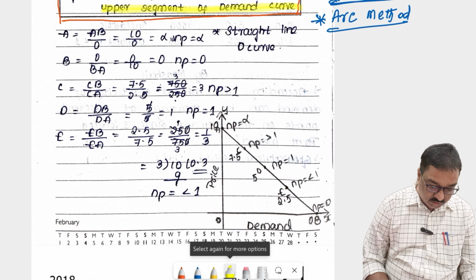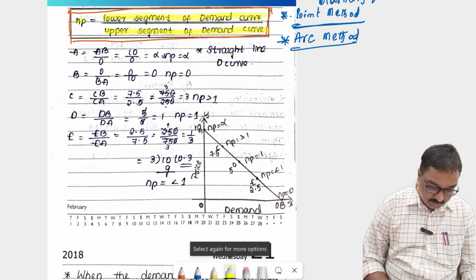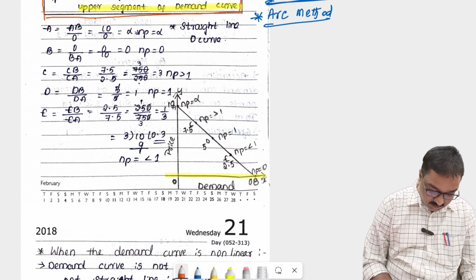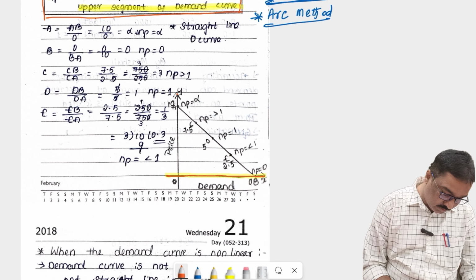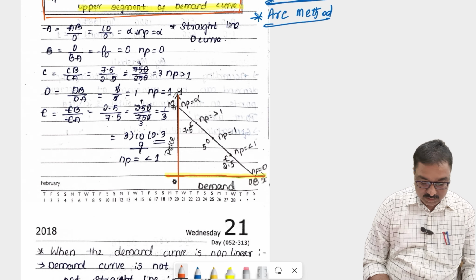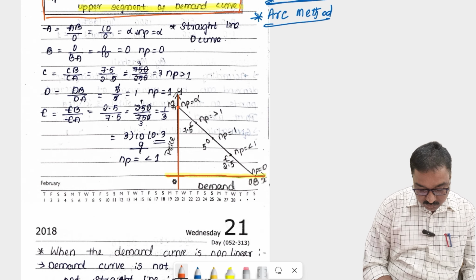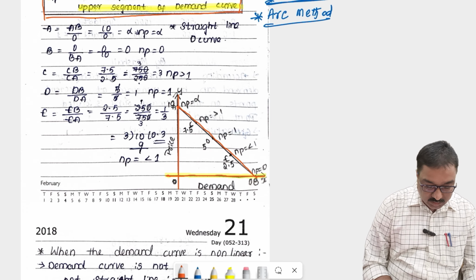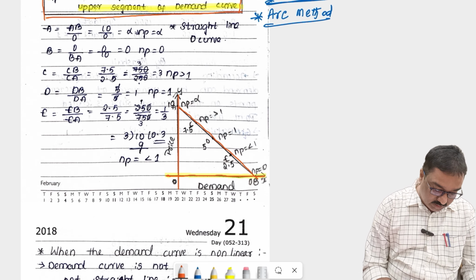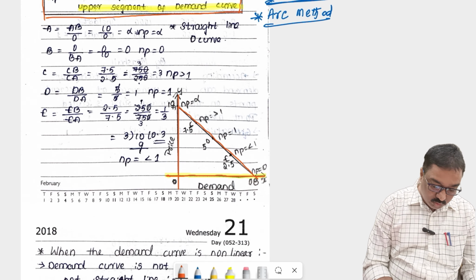Here I show one graph. This is the x-axis, this is the y-axis, and this is a straight line.